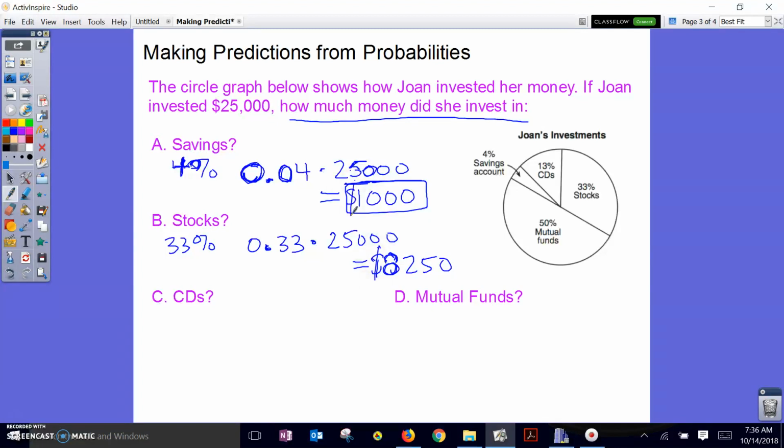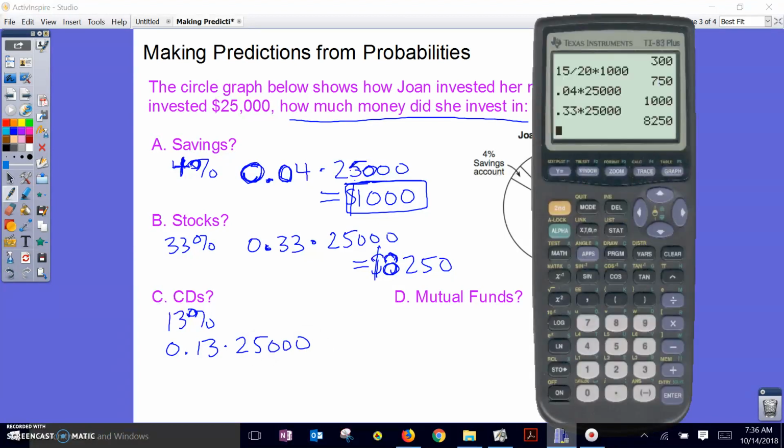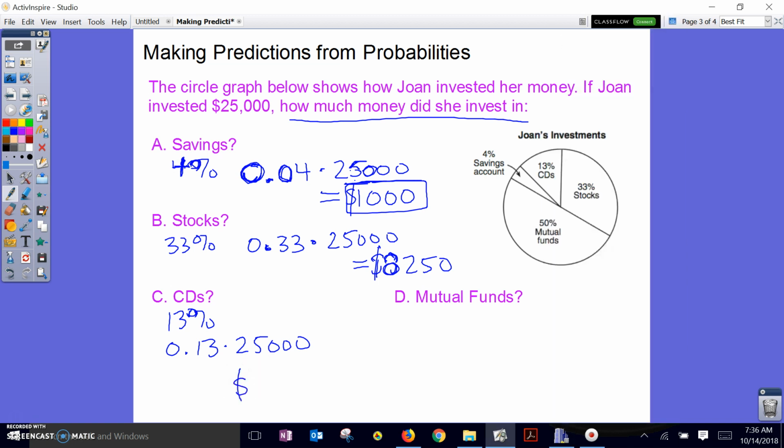Having a little bit of writing difficulty here with my stylus. Then we go to CDs in part C here. 13% chance. So it's 0.13 times the $25,000. She's going to put $3,250 into CDs.